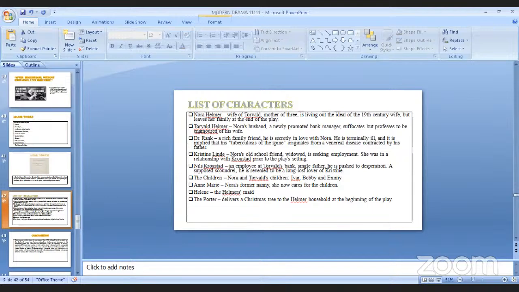Torvald consents, but he does so because he fired Krogstad, a lowly employee. When Krogstad finds out, he threatens to expose Nora's past crime, a signature she forged to obtain a loan from Krogstad himself in order to afford treatment for her then ailing husband.